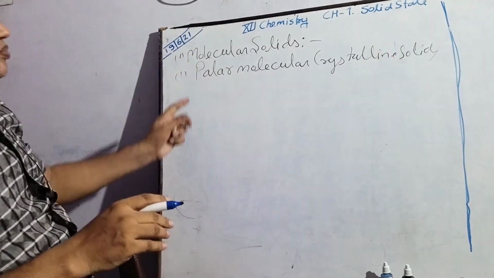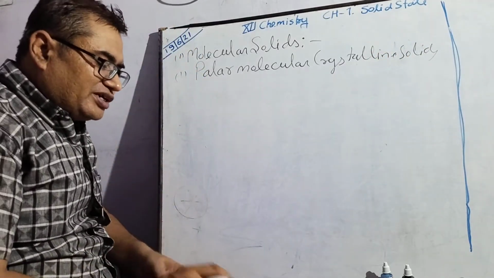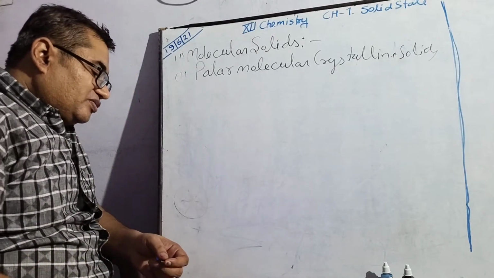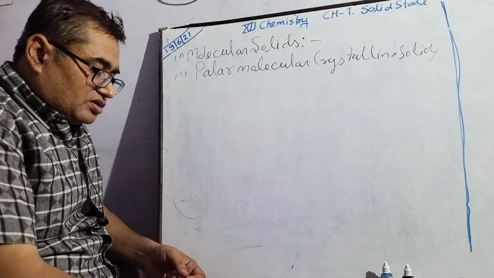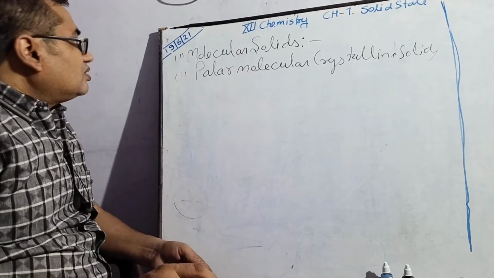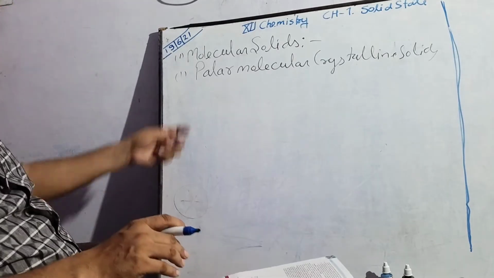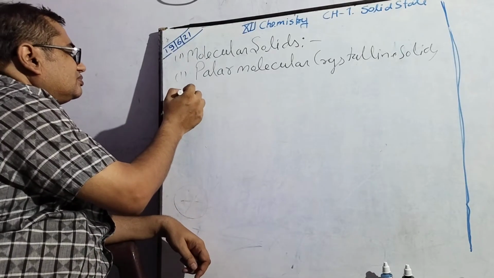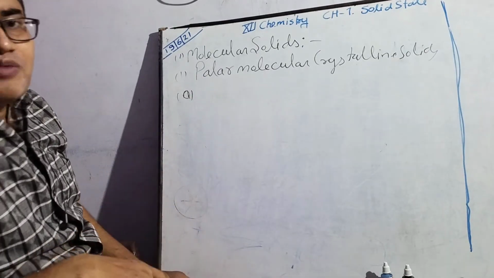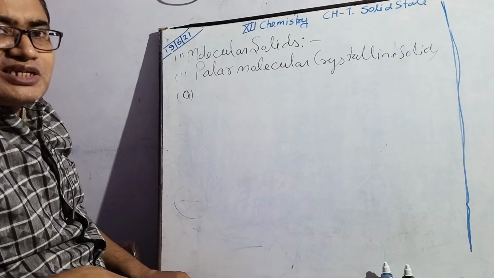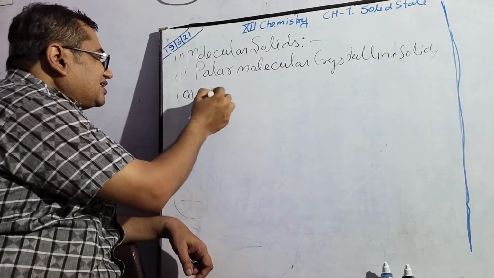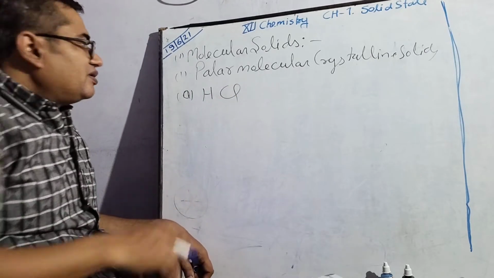These are very important from the point of view of their high melting point. Polar molecular solids have a high melting point in comparison to non-polar molecular solids. For example, HCl, SO2.